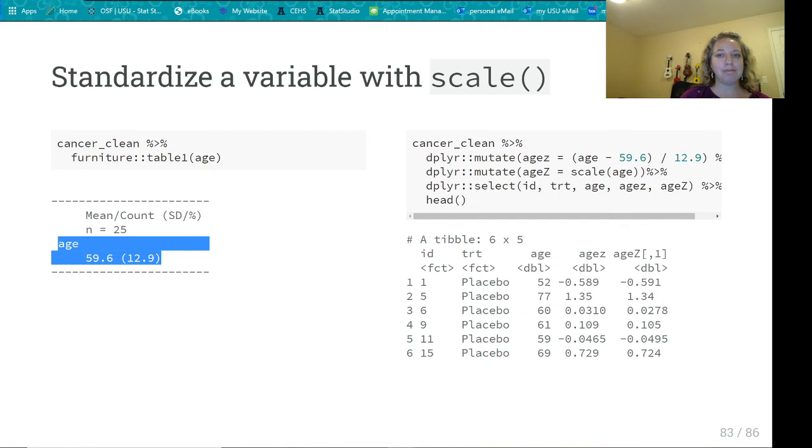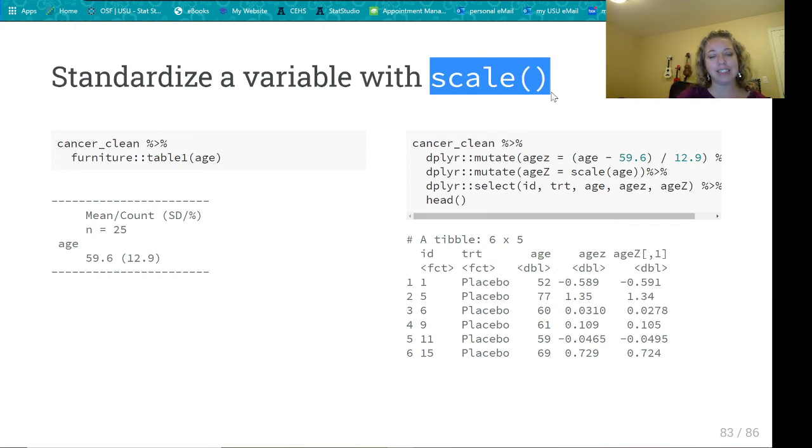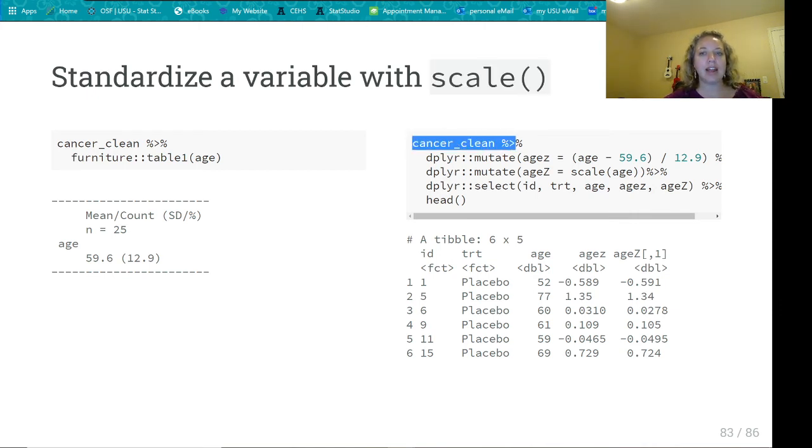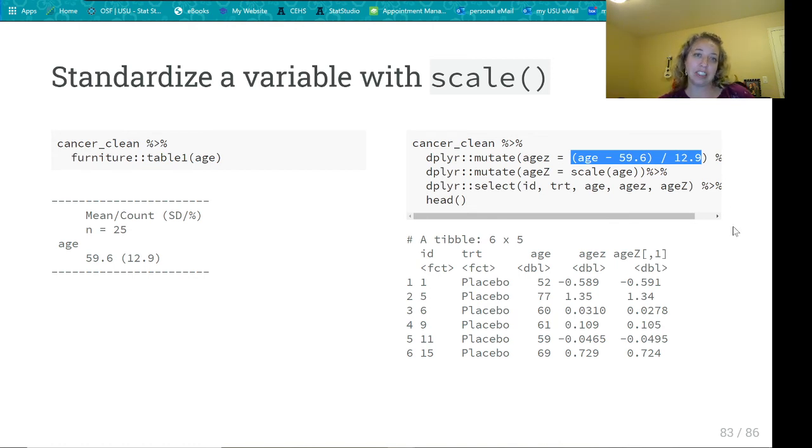The only thing we're really going to do is use this new command out of base R called scale. Scale converts any variable to z-scores. So to show you, I've taken that same data set and given it to dplyr to mutate, and I've created two different mutate statements. One takes the age variable and manually subtracts that average I just found and divides by the standard deviation.